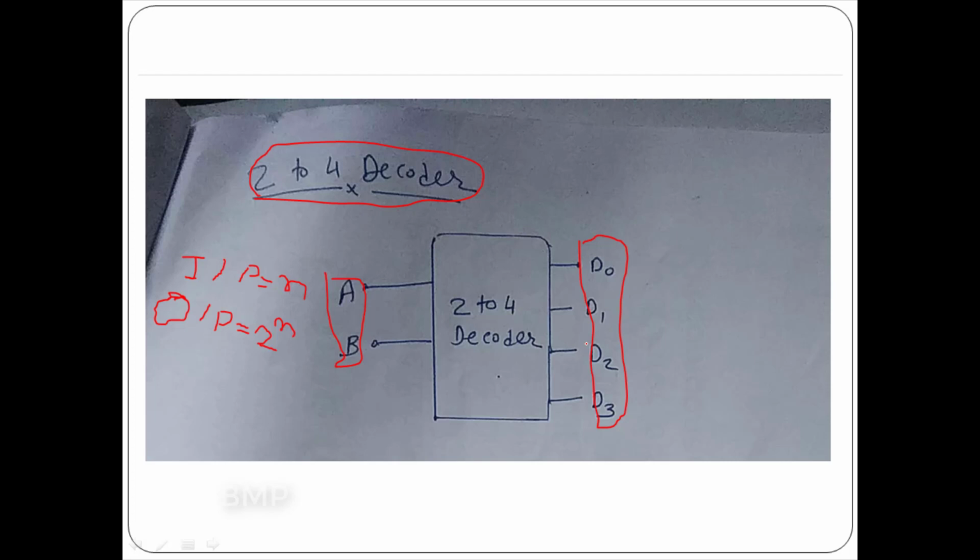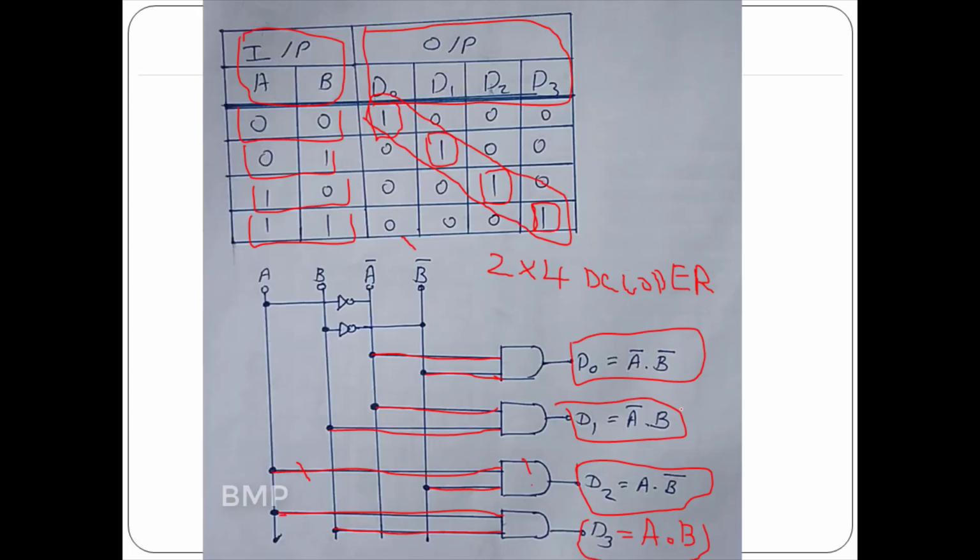For these inputs A and B they use I0 and I1, and for outputs they use O0 to O3, but the concept is the same. Whatever notation you are comfortable with, you can use it. And this is the truth table and logic diagram.